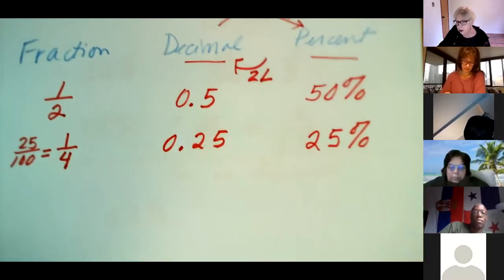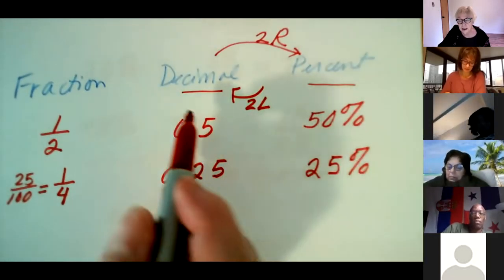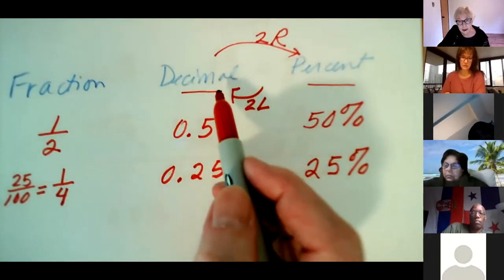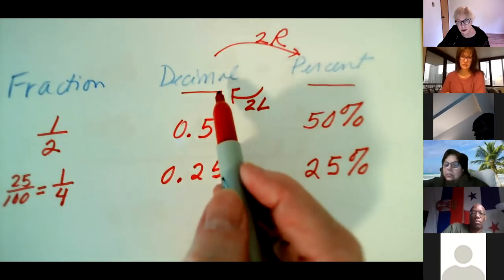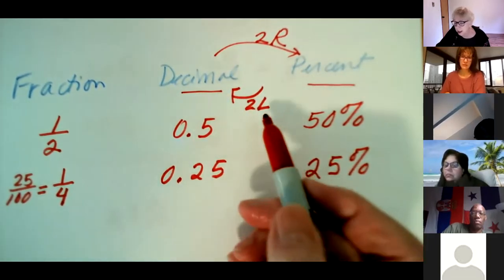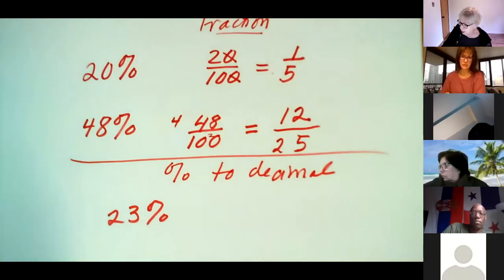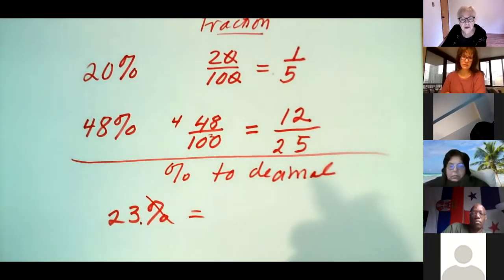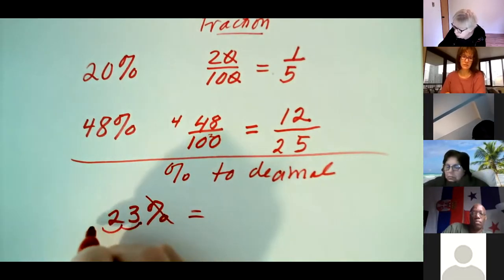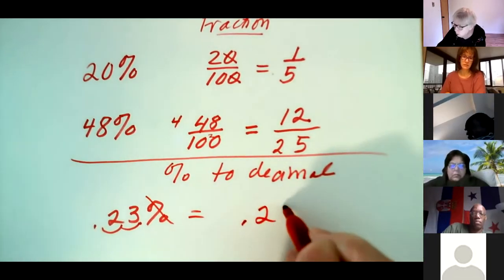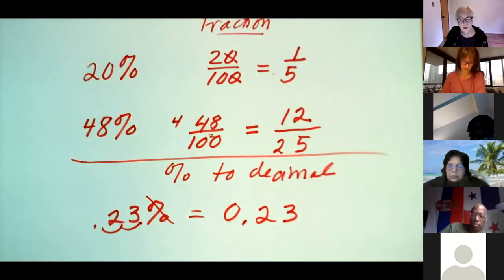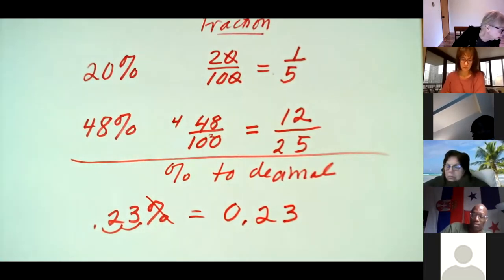When you had the percent and you needed to go to the decimal, literally it's to the left, and it's always 2 decimal places. So that's the instruction, 2 to the left. What I need to do is take the percent off. There's my decimal, 1, 2. So my answer is 0.23. I put in my complementary 0. And there's your answer.